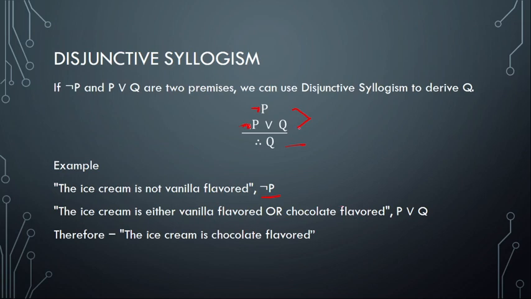So this is the second premise, P or Q. Therefore, we derive the Q. Therefore, the ice cream is chocolate.